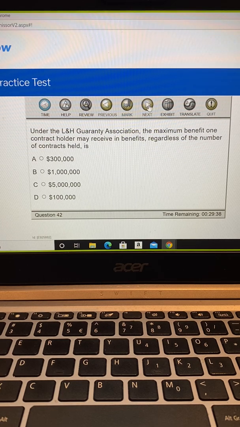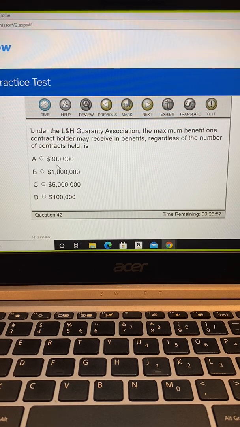Under the L and H Guarantee Association, the maximum benefit one contract holder may receive in benefits regardless of the number of contracts held is. Hold on. Now, I heard on the state exam they want the answer to be like 300,000, but on here it's like C. I think that's $1 million.